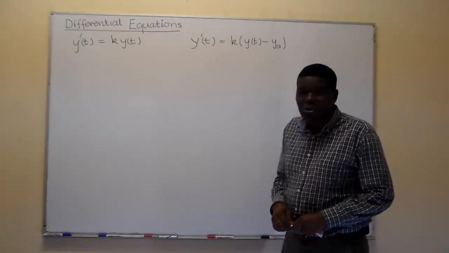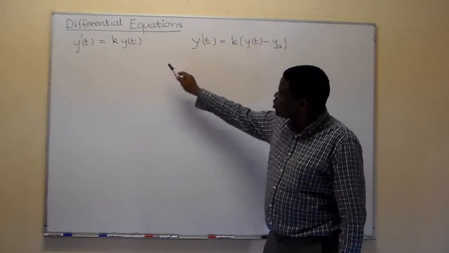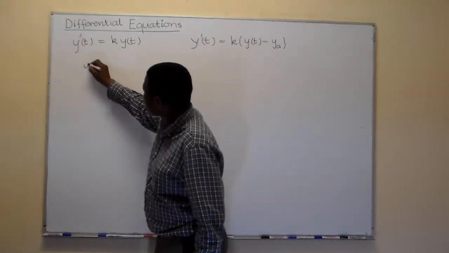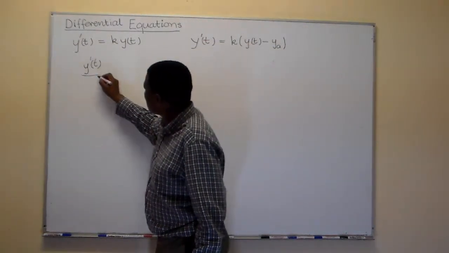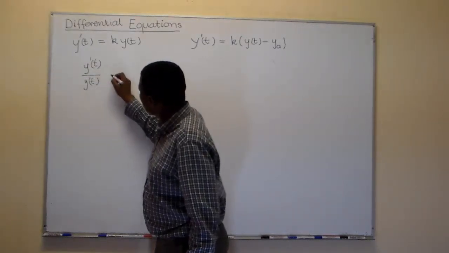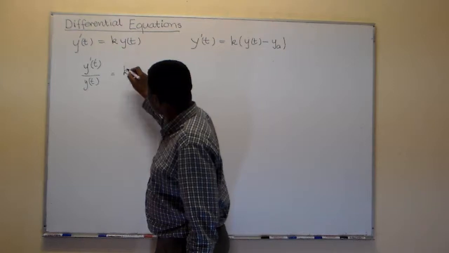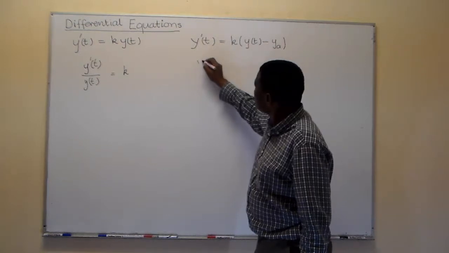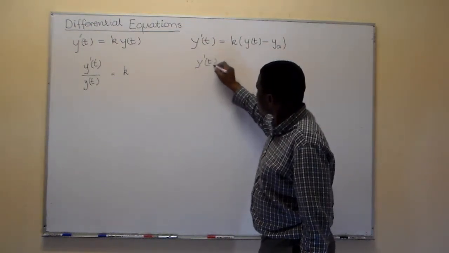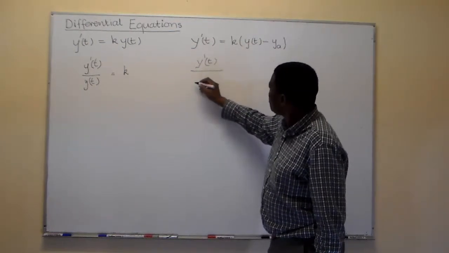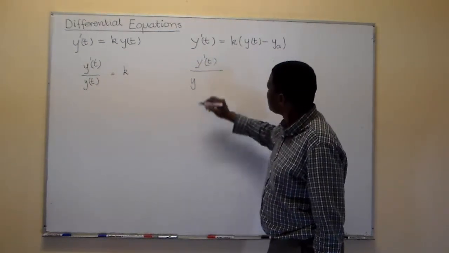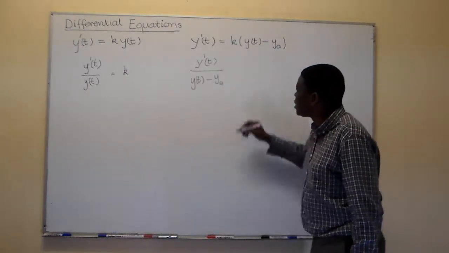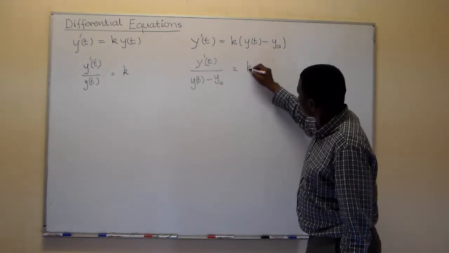What is important to highlight here is that to solve the first one, we have to get to a point where we write y prime over y of t equals k. Similarly, for this one, before we could solve for y of t, we went through an equation of this form, where y prime of t over y of t minus the ambient temperature equals k.